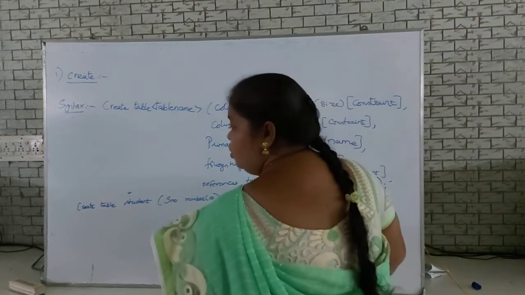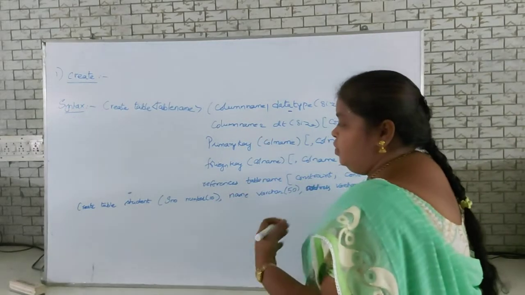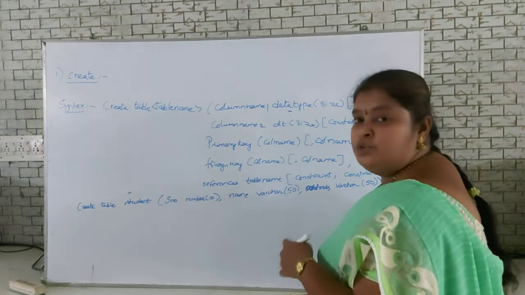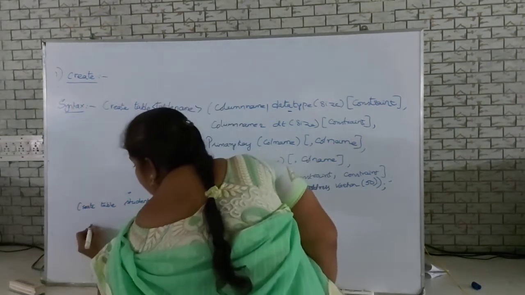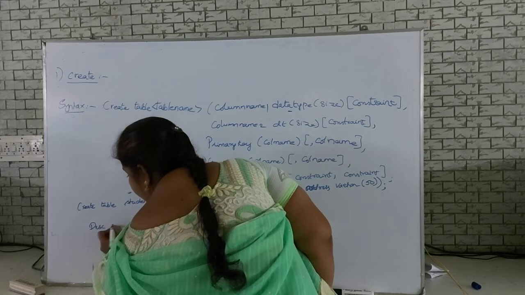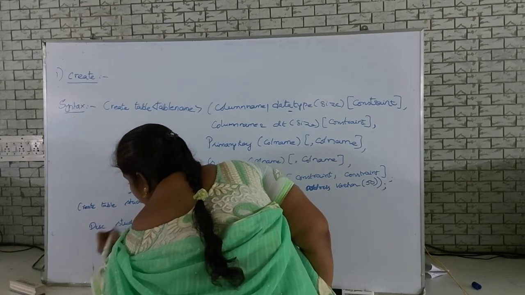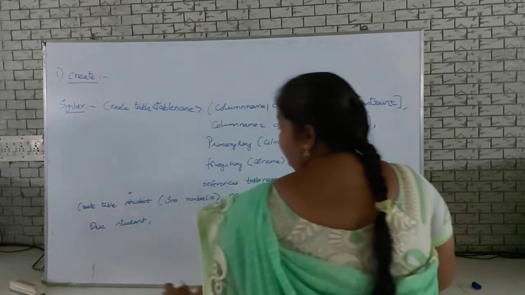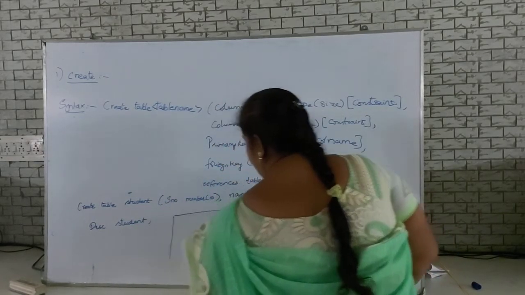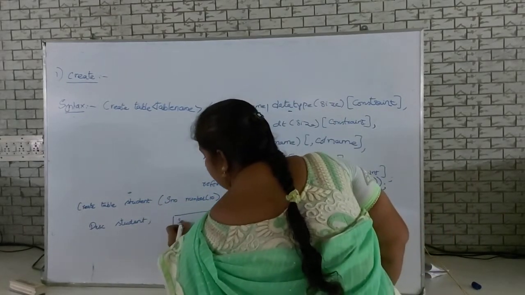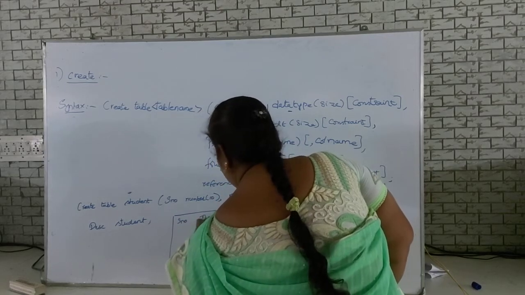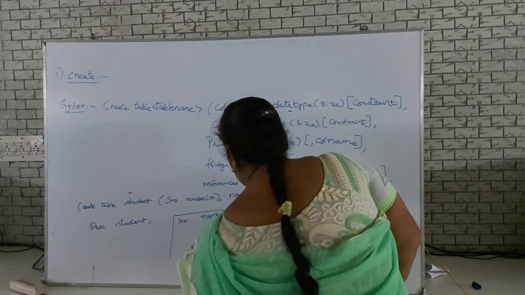If we want to know which columns are created in the student table, we type the command DESC space student. After typing this command, the data is displayed like this: serial number, name and address.